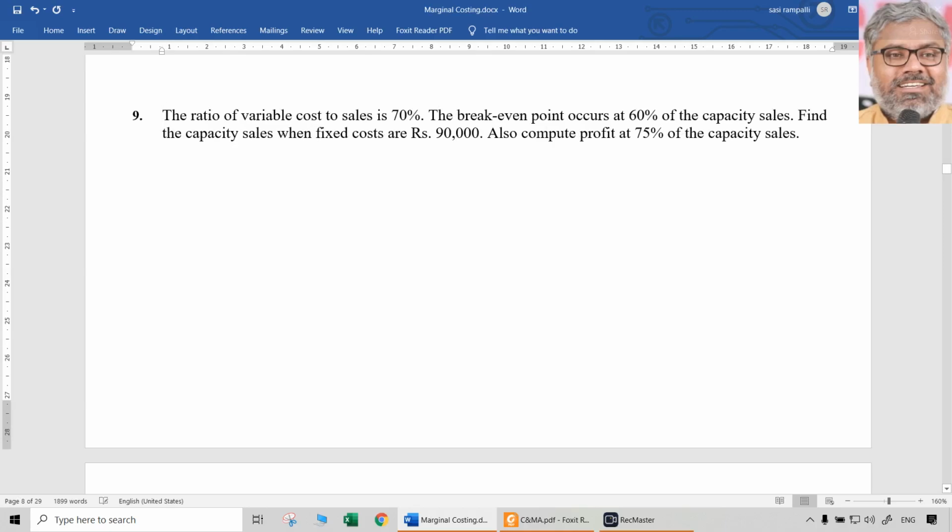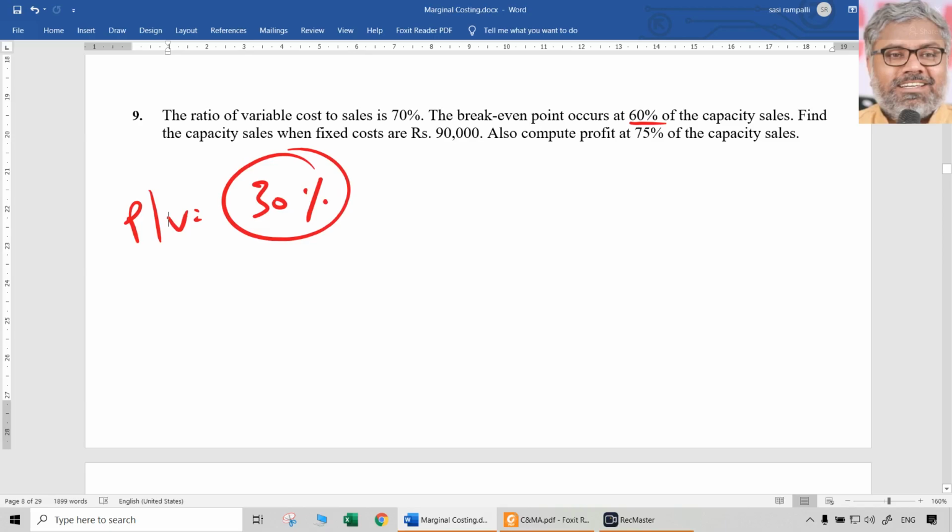These are practice type questions. Ratio of variable cost to sales is 70%. Automatically, we should immediately identify that when the ratio of variable cost to sales is 70%, that means PV ratio is 30%. Break-even point occurs at 60% of the capacity sales. So whatever the full capacity sales are, if the company can achieve 60% of the capacity sales, break-even point will occur.